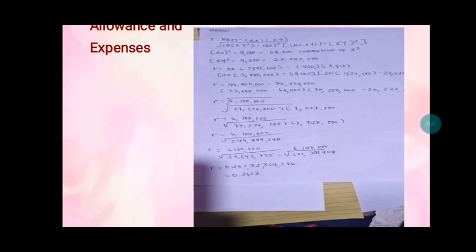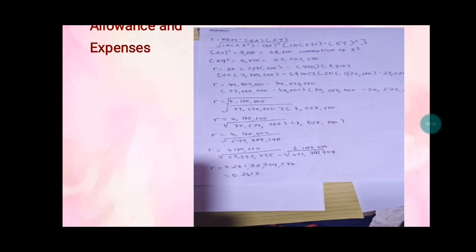And then the next is 77,536 million, 36,550,000 minus 23,522 is equal to 7,027.